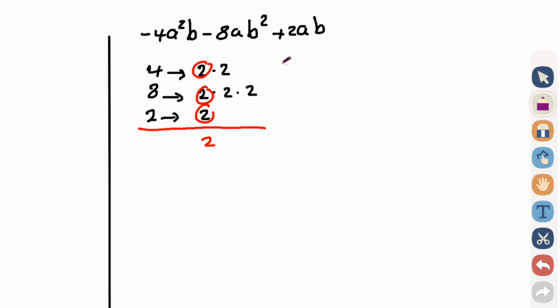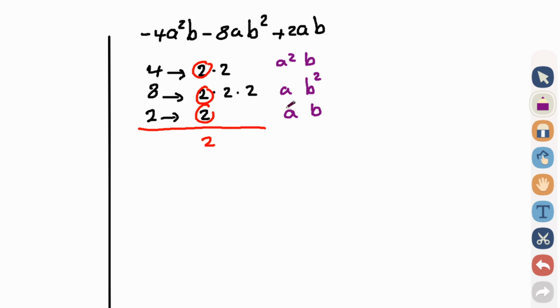Now, what about the letters? In the first term, we have a to the power of 2, b. In the second one, we have a, b to the power of 2. And in the third one, we have a, b. To make it easy, take the lowest power of each letter.